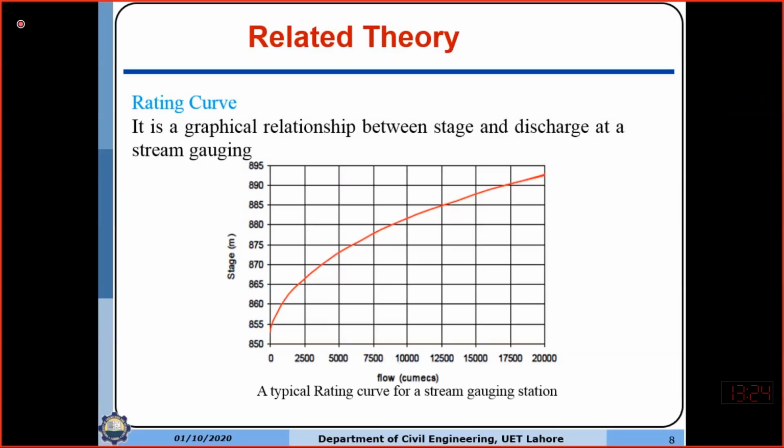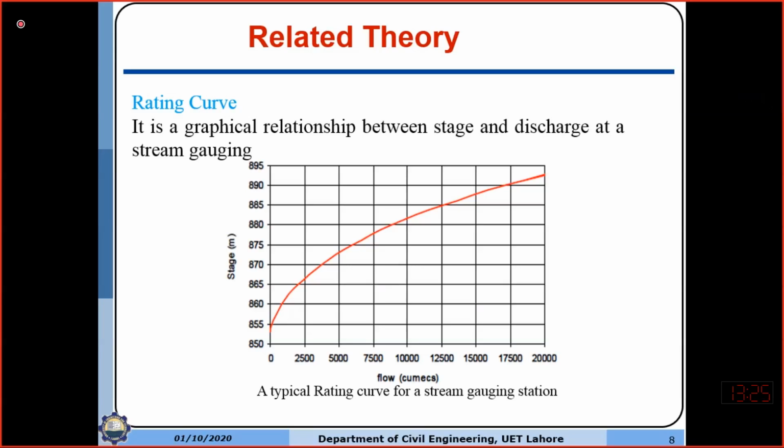This curve is very important for planning and design of hydropower projects, for the planning and design relating to reservoirs, reservoir storage, and other water resources and water control purposes, to find the design discharge or the design level for the design of various hydraulic structures.